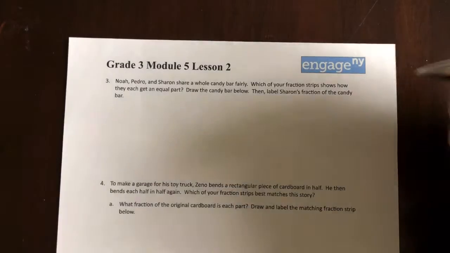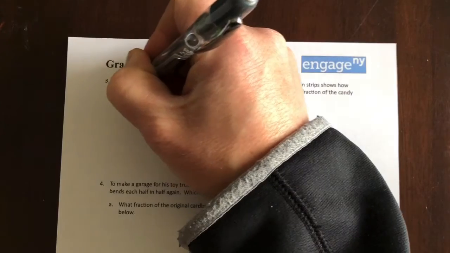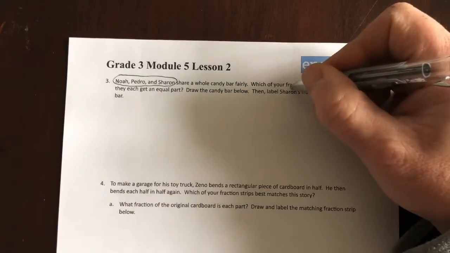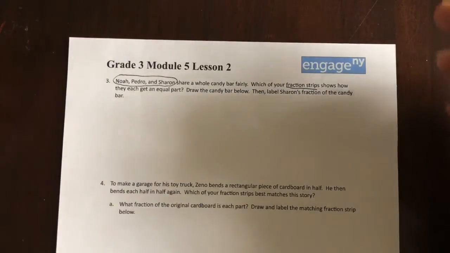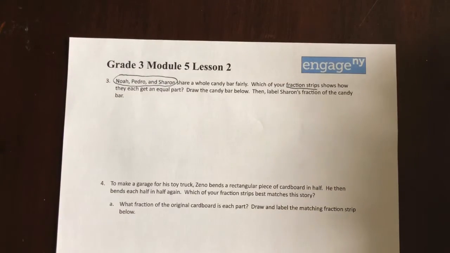All right, so first of all, we've got 3 kids, so we're going to cut this into thirds. So our unit fraction is going to be 1/3. We don't have fraction strips, but I made a fraction strip earlier, and there it is. And we're going to label the fraction of the candy bar that Sharon has.